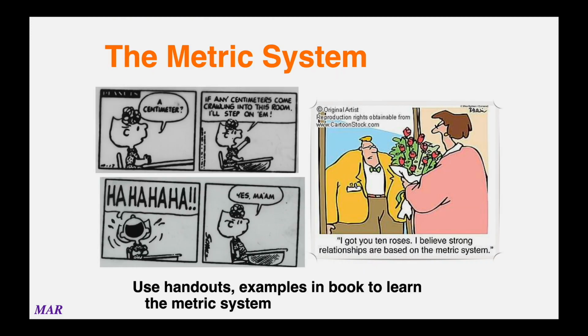Oh, let's have some more jokes. What the heck? The left one is peanuts. A centimeter? If any centimeters come crawling in this room, I'll step on them. And then you can almost hear the teacher going, wah, wah, wah, wah. And she goes, yes, ma'am. So poor Sally got in trouble. Centimeters aren't little bugs to squish. They're actually a really useful tool. But anyway, I digress. And then on the right, this guy says, I got you 10 roses.